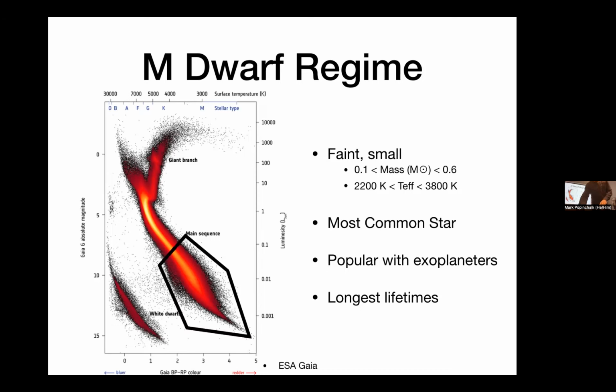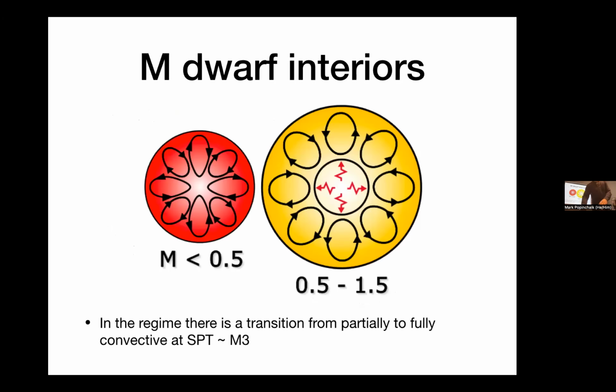Yes, and so they take part in this part of the color magnitude diagram. The other challenge with M-dwarf interiors is that we're moving from partially convective to wholly convective at some point in the regime.